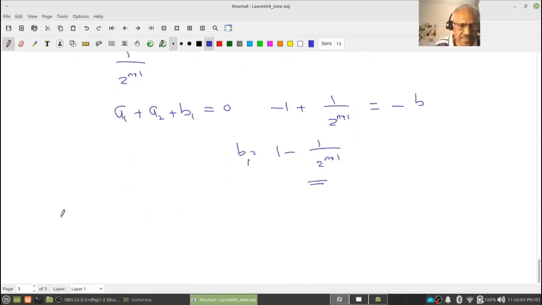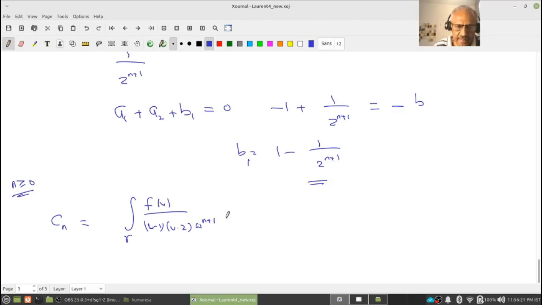Right. Therefore my Cn is going to be, okay, integral of f of w by w minus 1, w minus 2 into w power n plus 1 over gamma, right. We are assuming n is greater than or equal to 0 now everywhere.